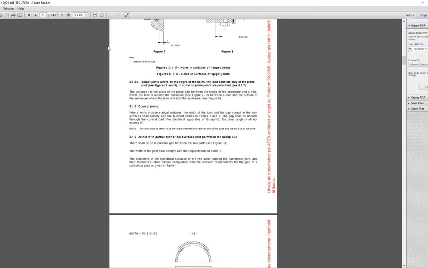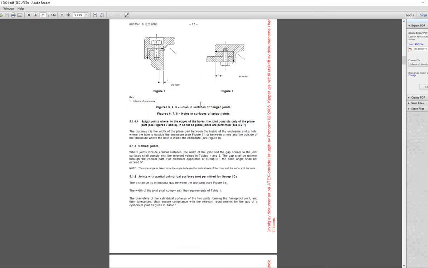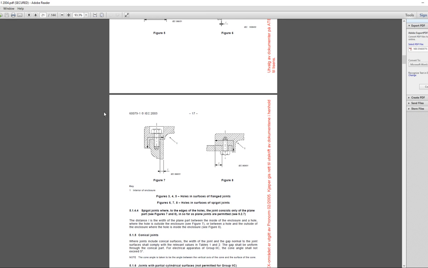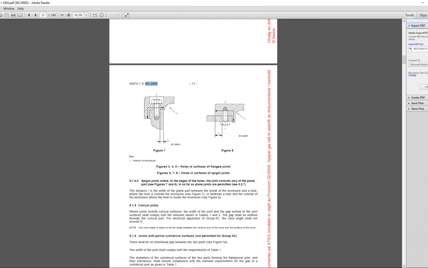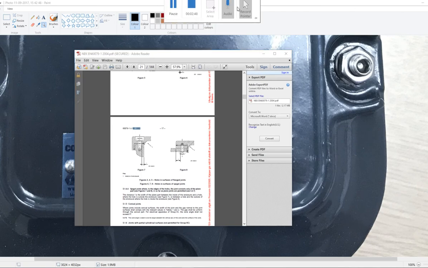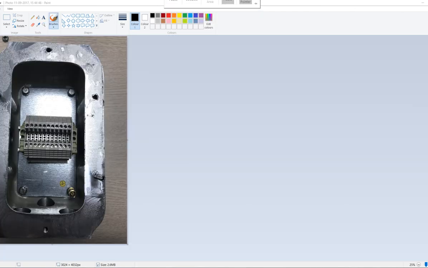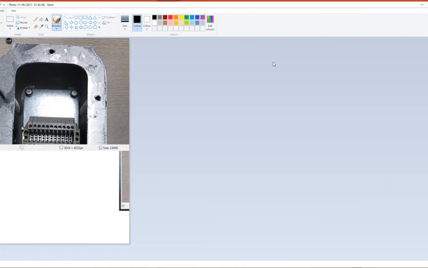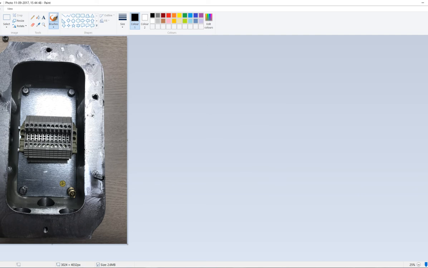Here I have the EX standard. See, 60079-1, 2003. So this is the EX equipment.